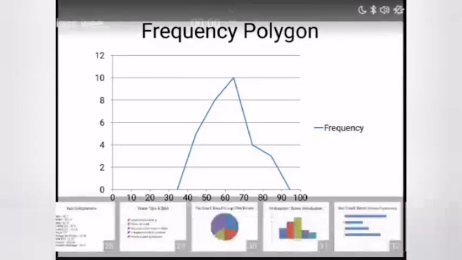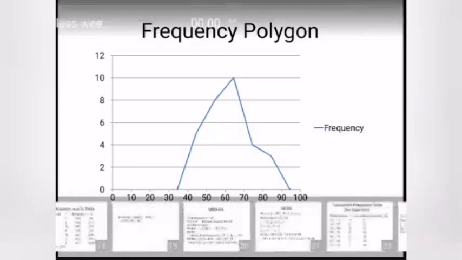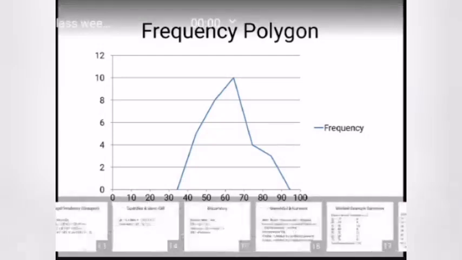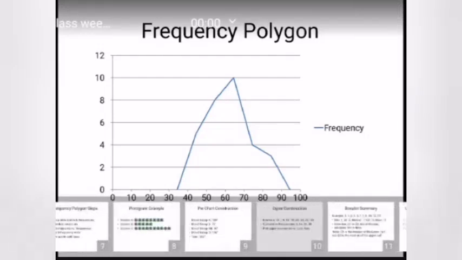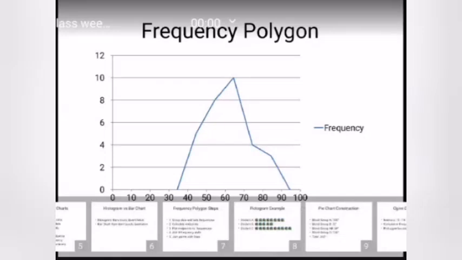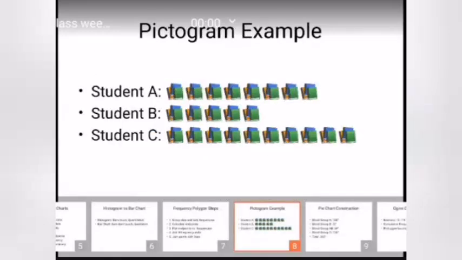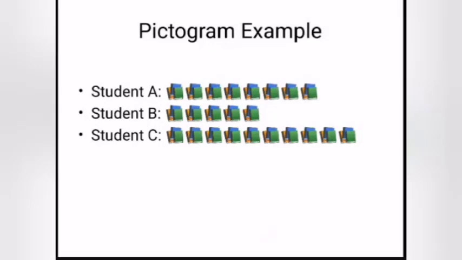The next thing we have is pictogram. Pictogram is basically using pictures to identify data. For example, with these books, this picture represents one.